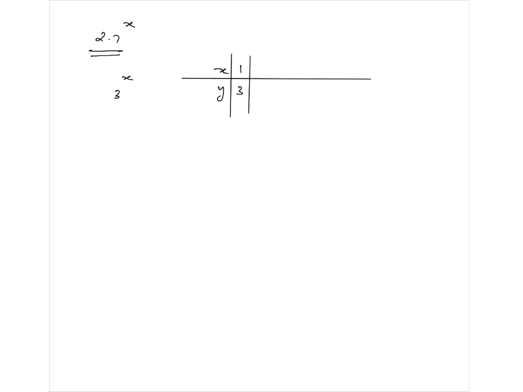Put x equal to 2 and you get y equal to 9. Put x equal to 3 and you get y equal to 27. So e to the power x or 3 to the power x is easier to understand than log. When we differentiate e to the power x, the answer is e to the power x.